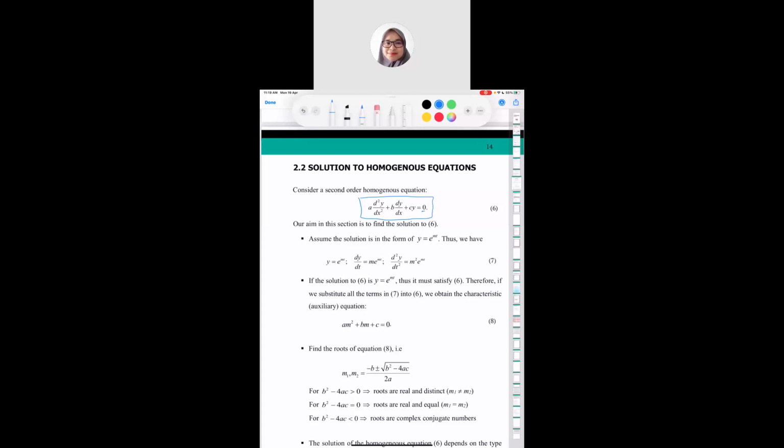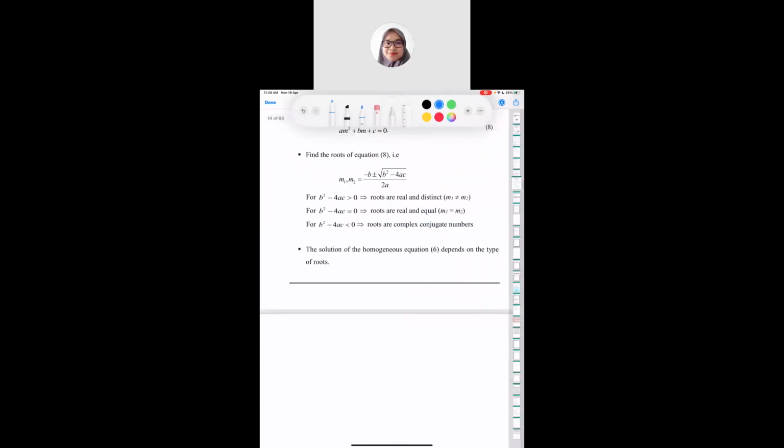Basically, kita guna substitution y = e^(mt) ke dalam equation yang kita ada. Let's say saya tulis kat sini, you have ay'' + by' + cy = 0. So we let y equal to e power of mt.